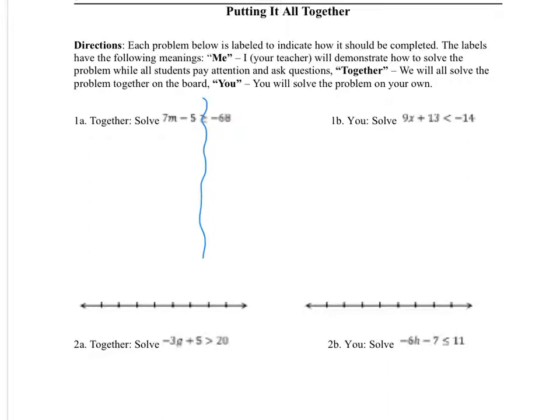We need to do opposite operations to get them together. So we're going to do plus 5, plus 5. So I have 7m, and then negative 68 plus 5 is negative 63. And we learned that adding with an inequality doesn't change our inequality, so it stays.